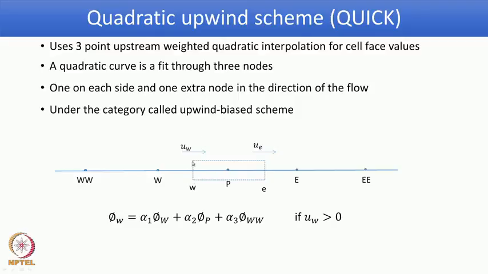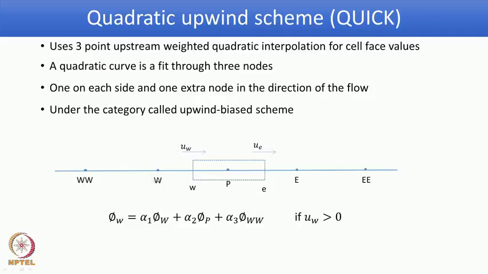Okay. Let us look at this illustration. For example, phi at w, at this face, then we have node P, the immediate node on the right, and node W on the left. So, these two are on either side of this particular face. Then the flow is from left to right. So, u subscript w is the convection velocity, and it is positive. For this convection velocity condition, the upstream node is WW.